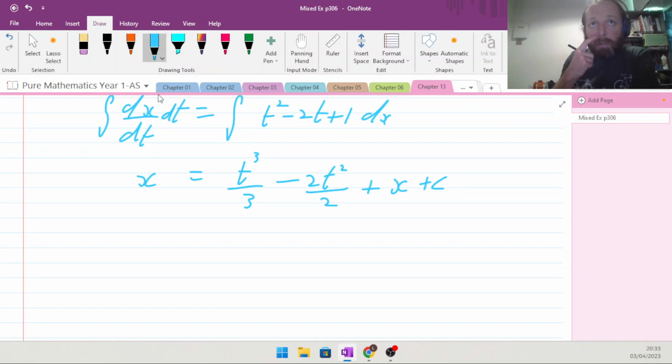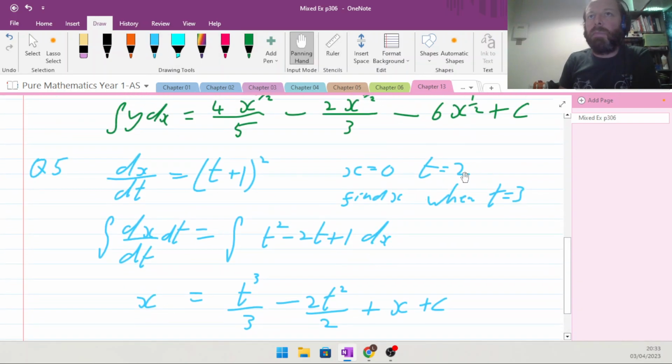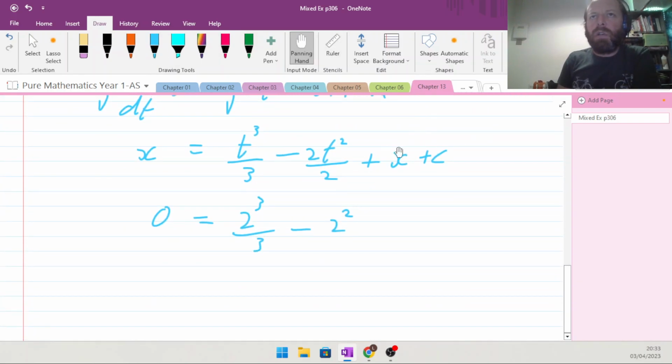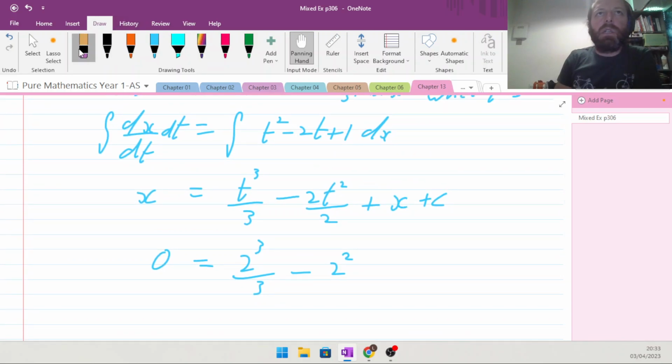So now that we know that x is 0 when t equals 2, we can start substituting that in. Minus 2, cancel the 2's here, so I'm just going to have 2 squared. Okay, this is the 2 of the t that we are substituting in here, by the way. Okay, don't know why I've written that as an x.